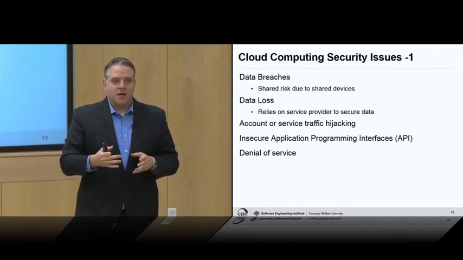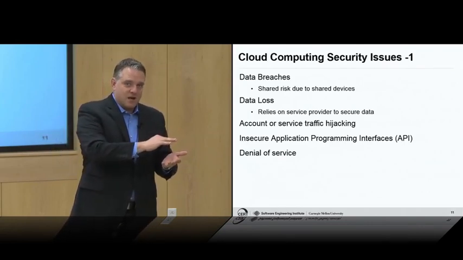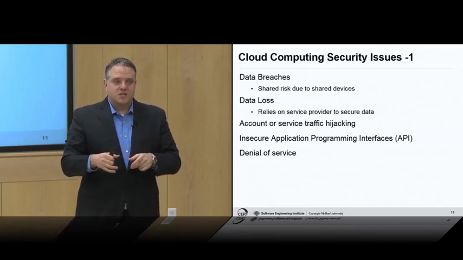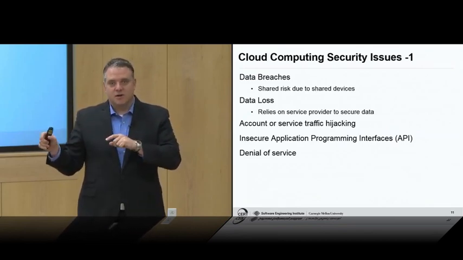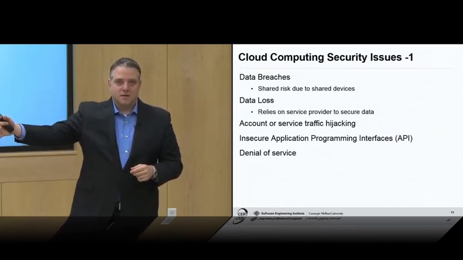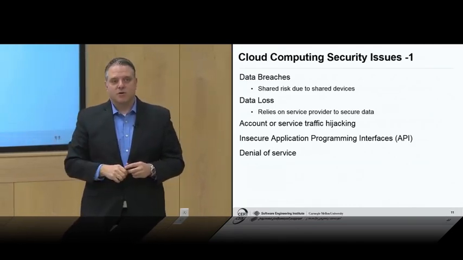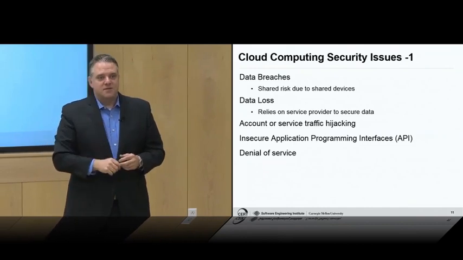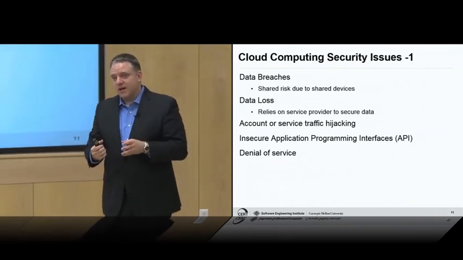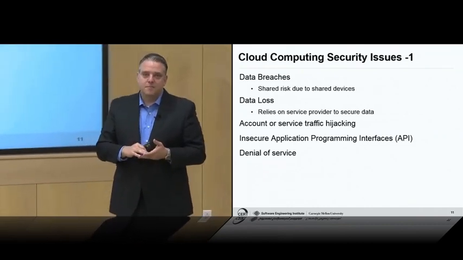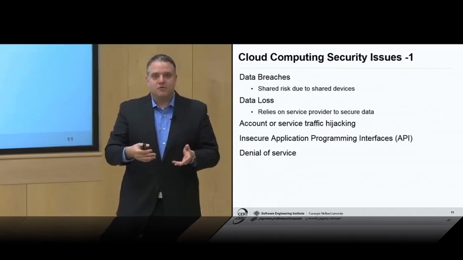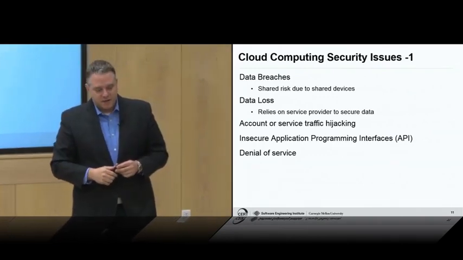And so through the API, not through the web interface itself, but through the programming interface, you could jump from one store to another and see potential inventory or set inventory in another storefront. So APIs, depending on your cloud provider, really ought to be locked down. So just be aware of that before you select a cloud provider.